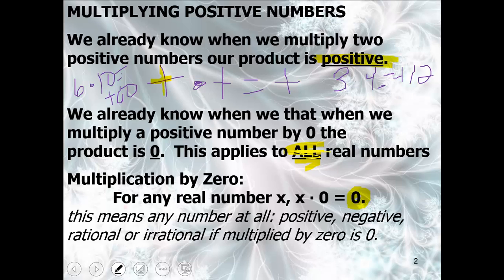If you multiply a negative number by 0, it equals 0. If you multiply a fraction or a rational number by 0, it's 0. If you multiply an irrational number like the square root of 2 or pi, and you multiply it by 0, you get 0. Any real number multiplied by 0 gives you 0.